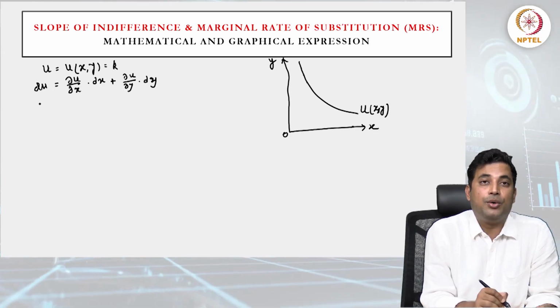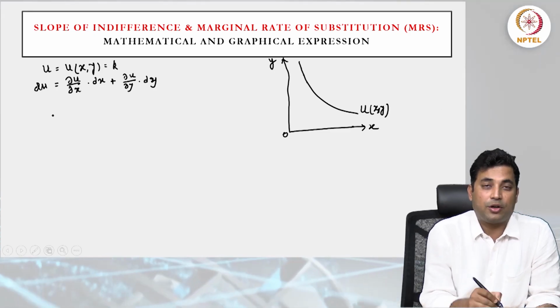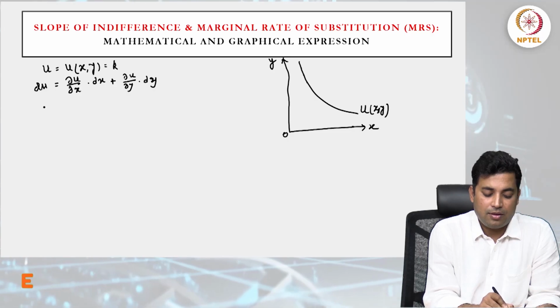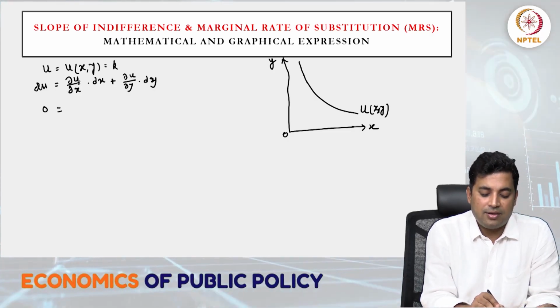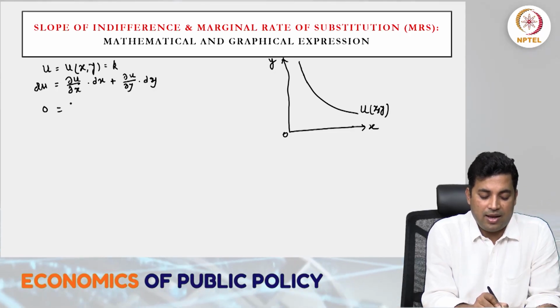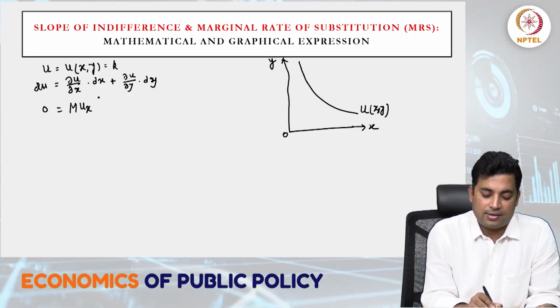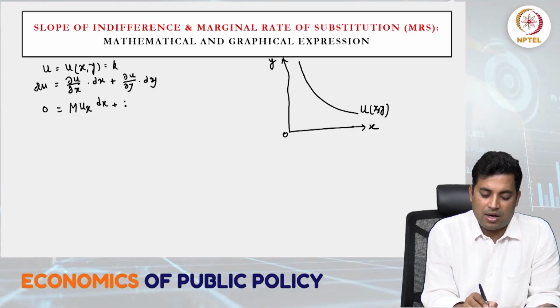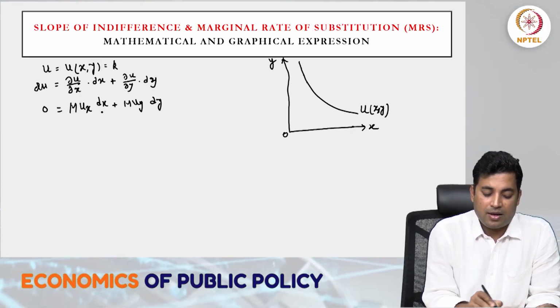Since total utility is the constant k, the first order derivative will be 0. So 0 equals the change in the total utility due to a one unit change in x, that is, the marginal utility of x times dx plus the marginal utility of y times dy.